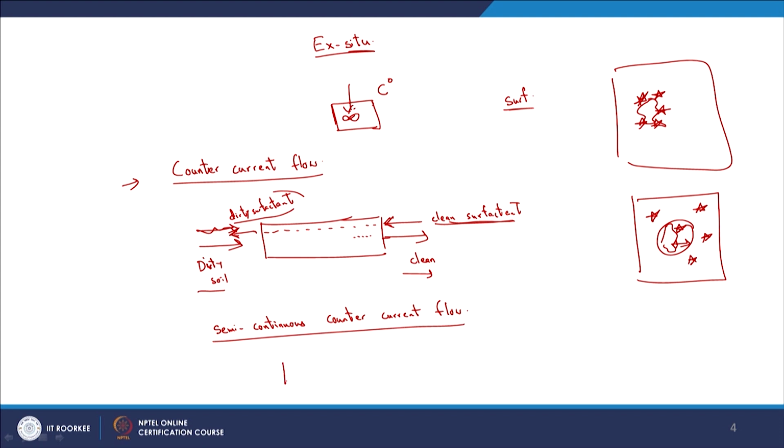Let us say I have a series of containers. I have my soil here, let us say dirty soil and so on and so forth, right. So, what is going to happen?